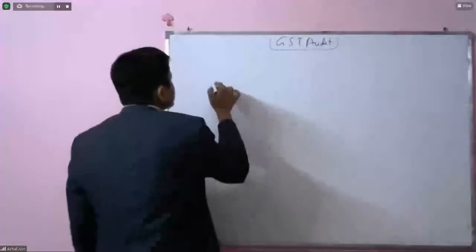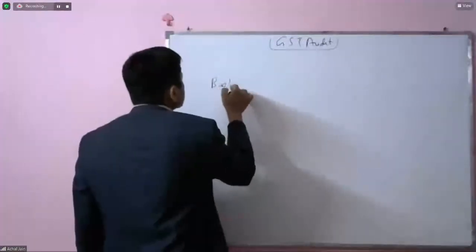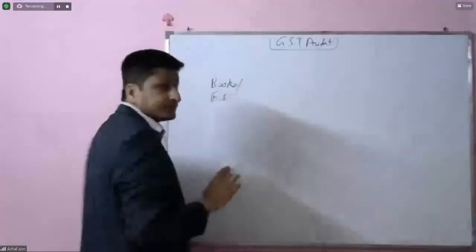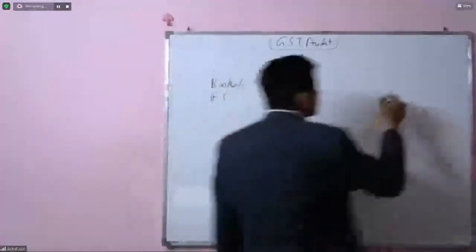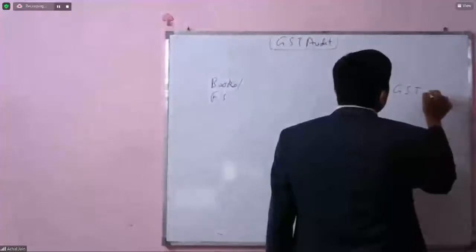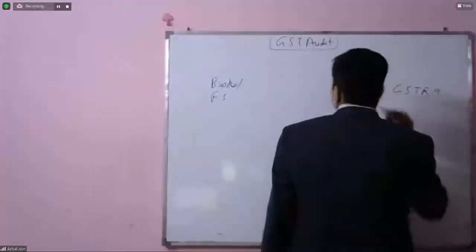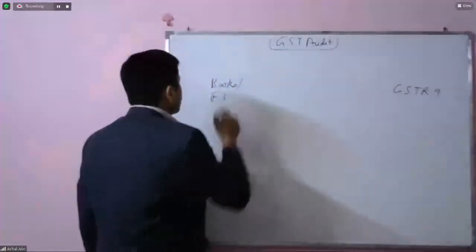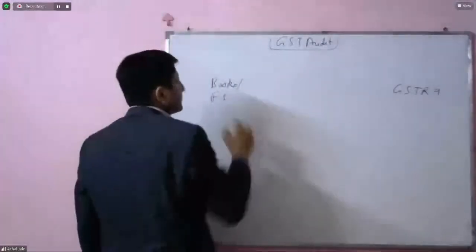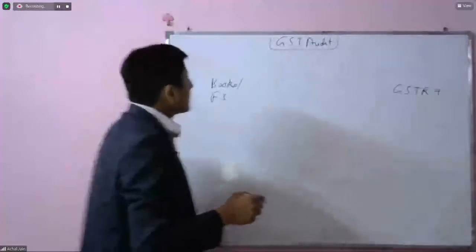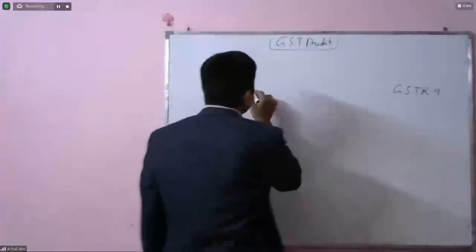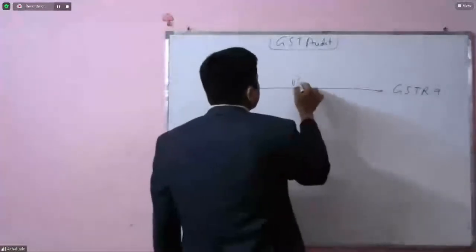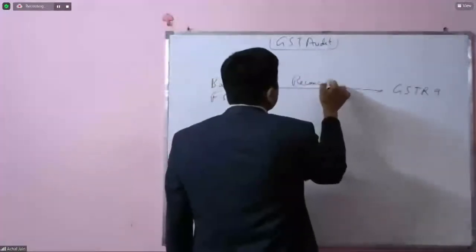So first we are starting with books, or we can say financial statements, and we are reaching up to GSTR 9. Now let's suppose I start with revenue. In reaching towards GSTR 9, there will be certain reconciling items.